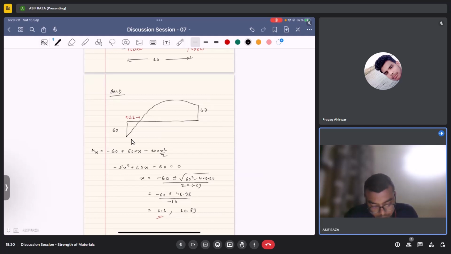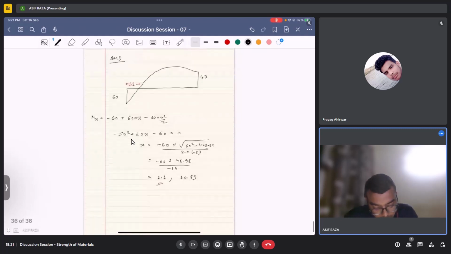Now we can see that at a certain point x this would become 0, so you try to find where the bending moment would come out to be 0. Taking this moment expression, minus 5x square plus 60x minus 60 is equal to 0, we were able to find the distance from A where the moment is 0, and that is 1.1.